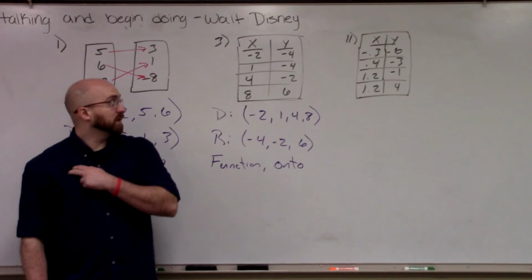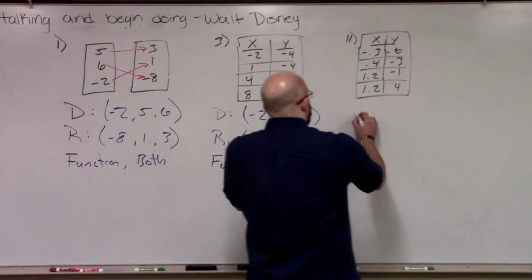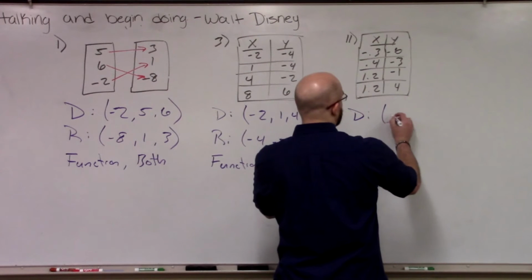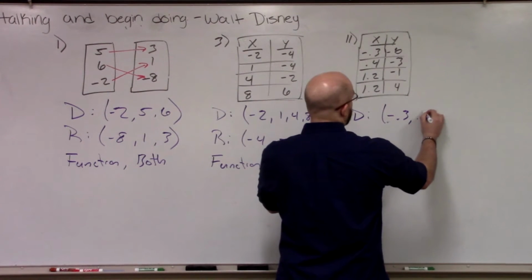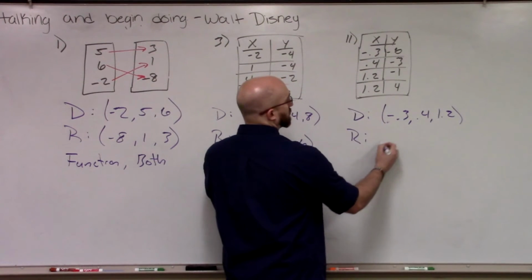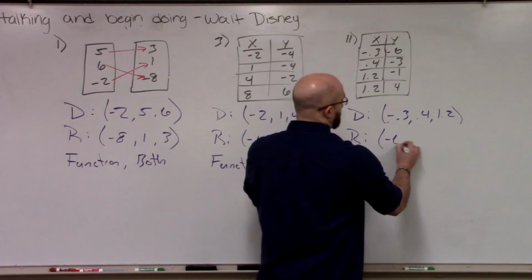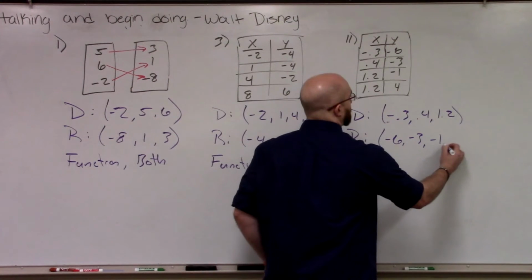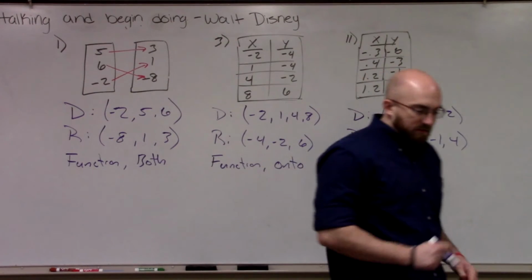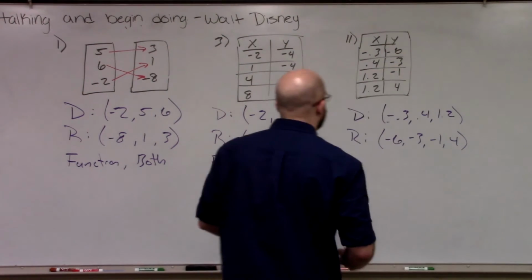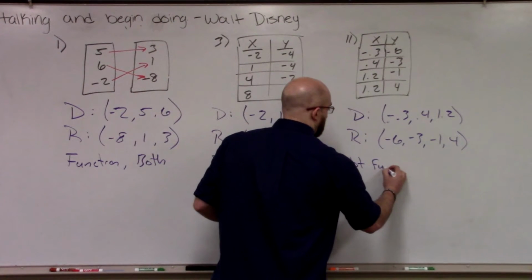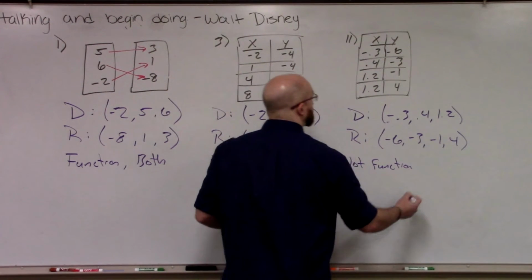Okay. So our last example. For the domain, listing our x values again, it's -0.3, 0.4, and then 1.2. Our range is -6, -3, -1, and 4. This one is not a function, and the reason why is right here.